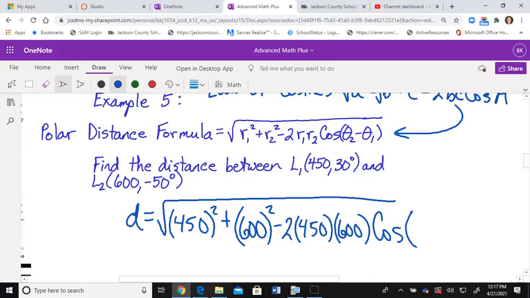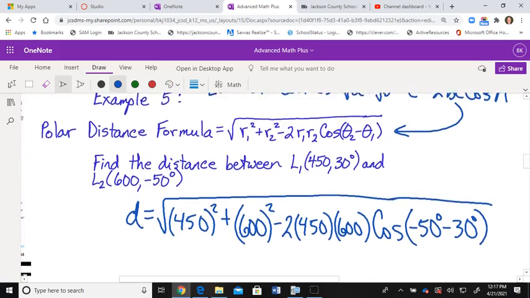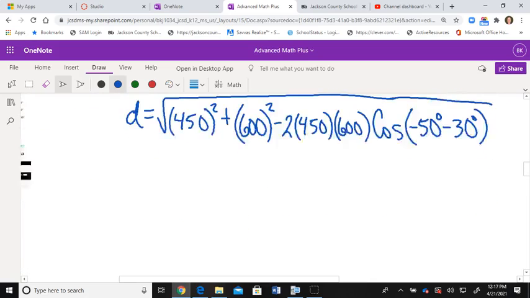What is my second angle? Negative 50 degrees minus 30 degrees. And we put all of that in our calculator.